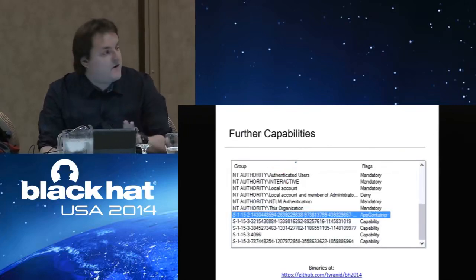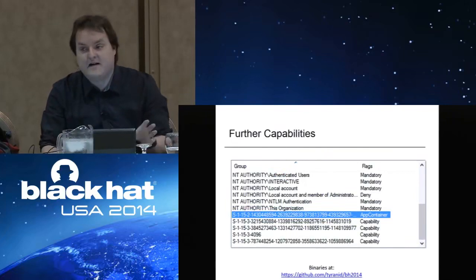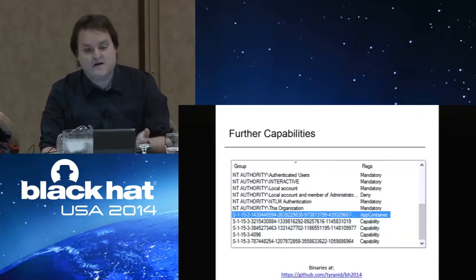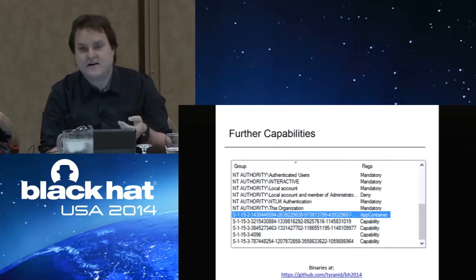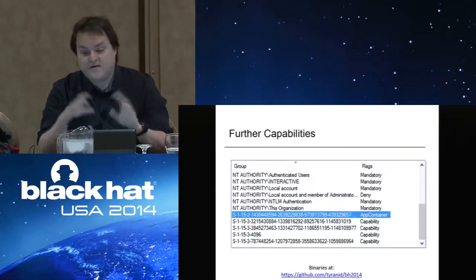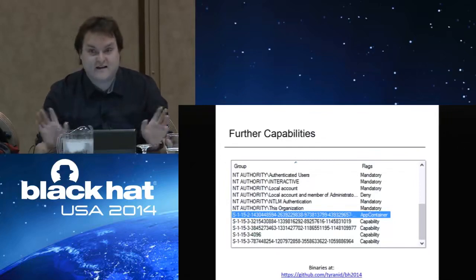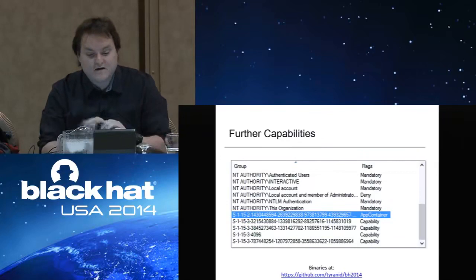And then EPM goes even further. So app containers allow you to do interesting sandboxing techniques. It has something called capabilities, and these reflect what your application is allowed to do. So there are things like, can I access the internet at all? And that's a capability. If the capability flag is not set for internet access, you can't get internet access, and that's the end of it. There are a few others.